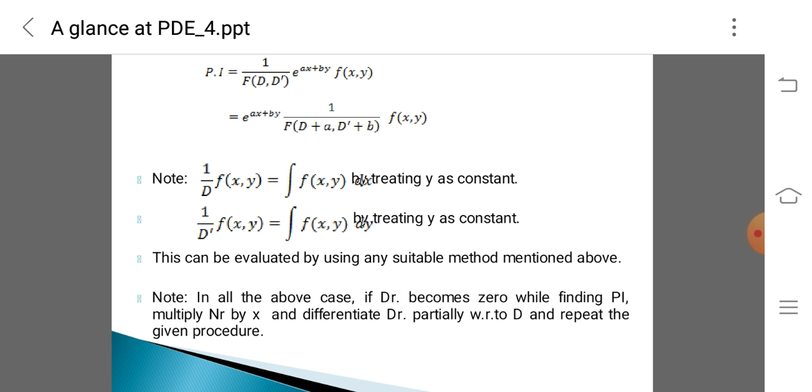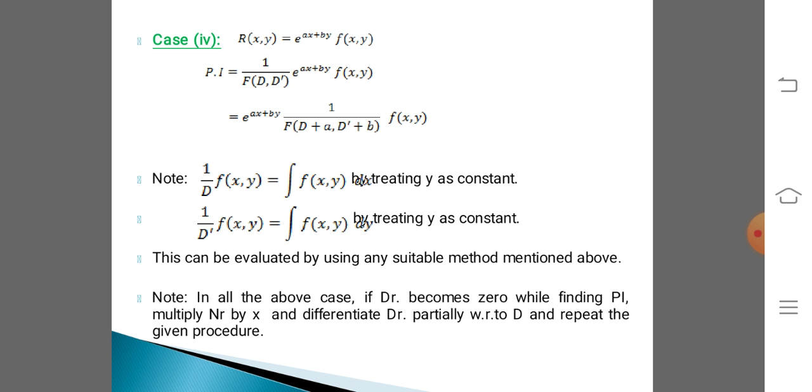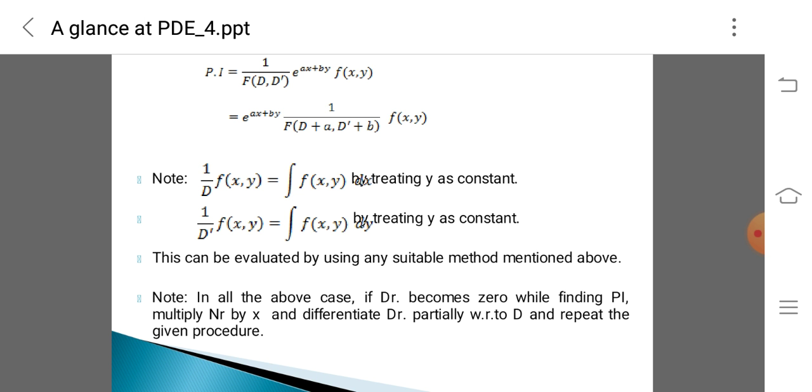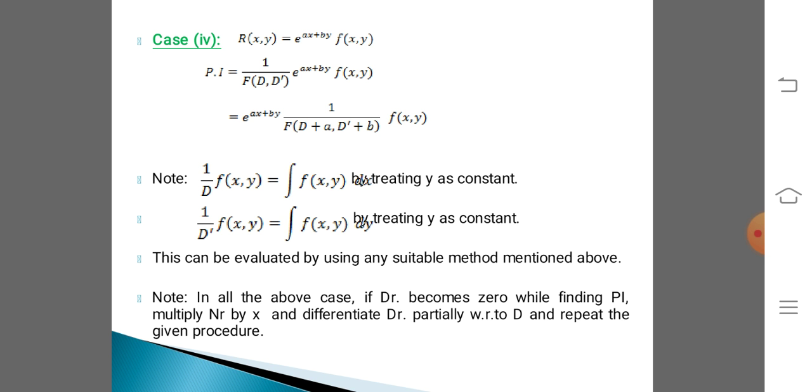So while integrating some function partially with respect to x, you have to treat y as constant. Okay, therefore 1 by d into f of x comma y will be integral f of x comma y with respect to x. Similarly 1 by d dash f of x comma y equals integral f of x comma y with respect to y. So these are the two important results.